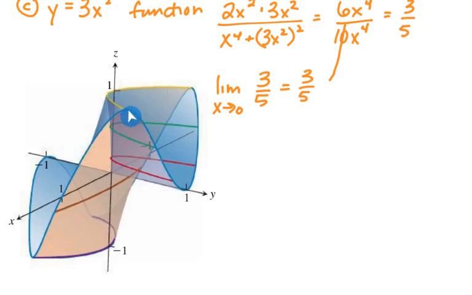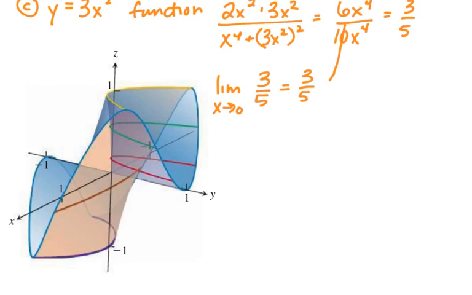This yellow curve represents y equals x squared. The green curve represents y equals 3x squared. And you can see that these paths are not going to the same value. And because they're not all approaching the same value, again, we say that the limit does not exist.